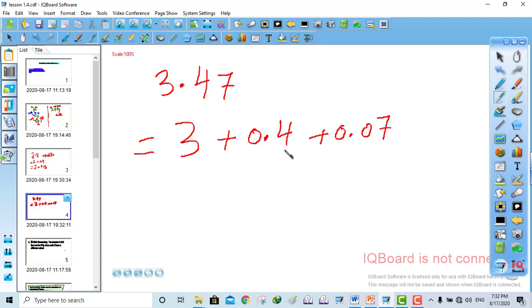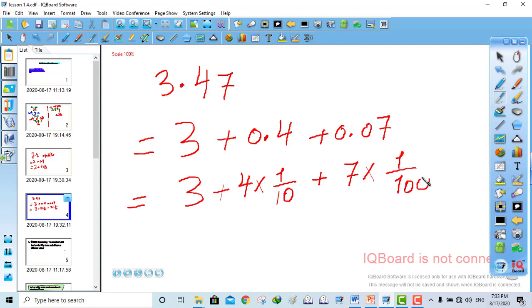Because this one is 4/10, but this one is 7/100. Because of this, it should be 2 digits after the decimal point. Also, I can write it as 3 plus 4 multiplied by 1 out of 10, because it's 4/10, and this 7 multiplied by 1 out of 100. Why this one multiplied by 1 out of 10, but the other one multiplied by 1 out of 100? Because this one is in the tenths place, but this one is in the hundredths place.